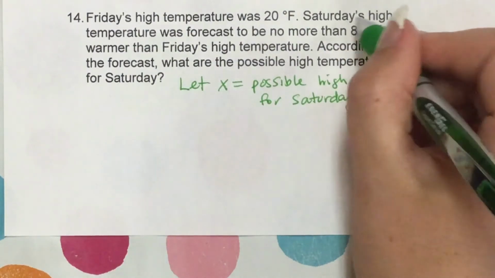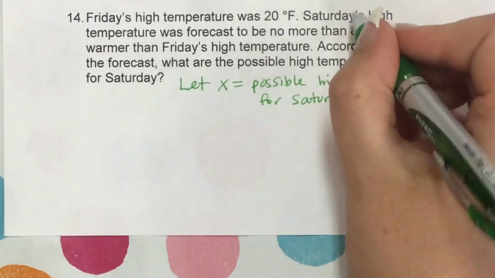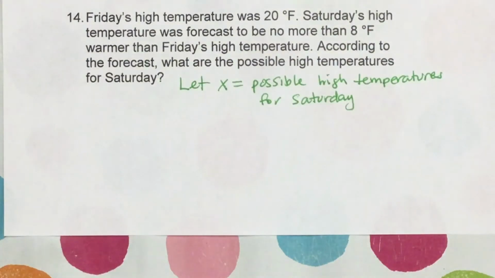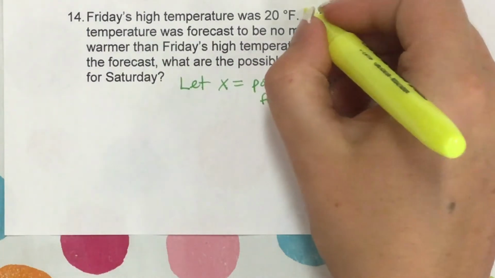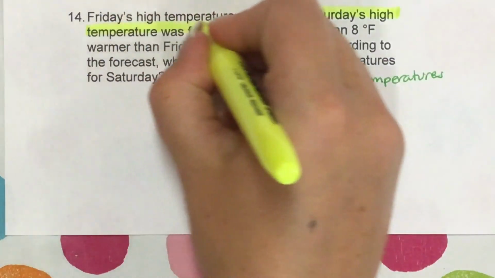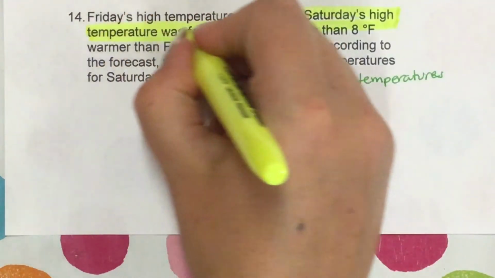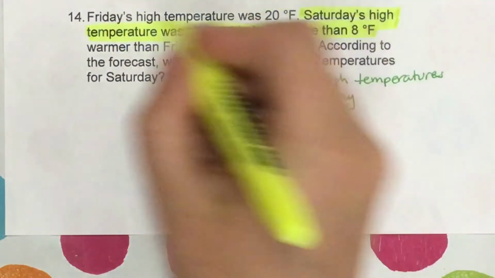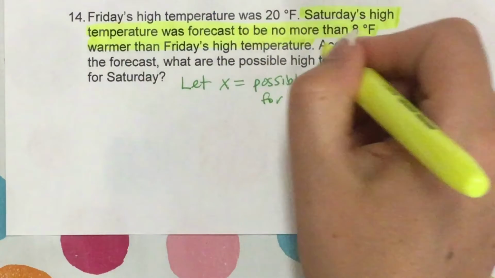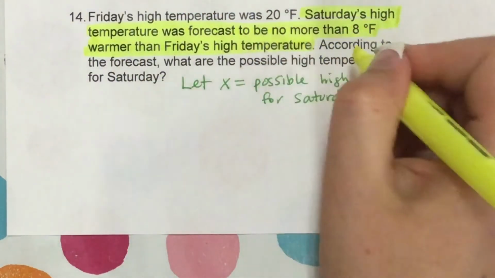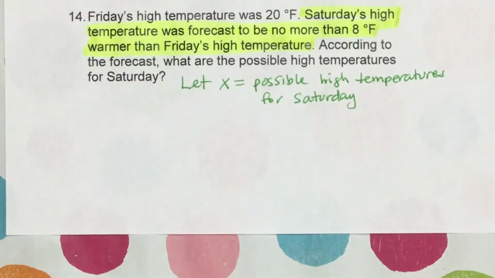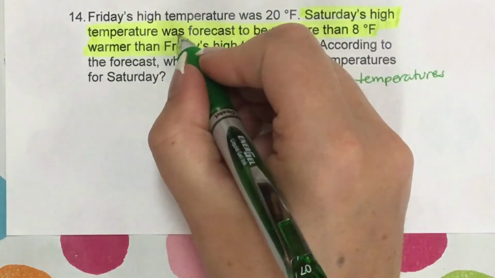So what I see right here is Saturday, this is our equation, this sentence right here. This is our inequality sentence. So Saturday's high temperature was.